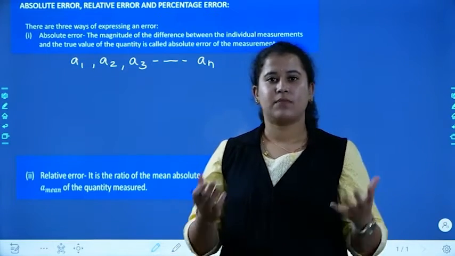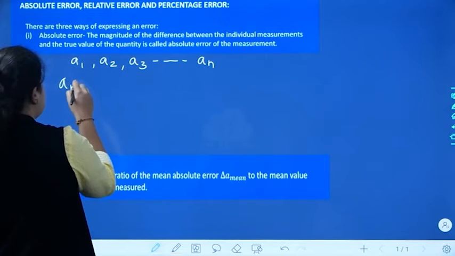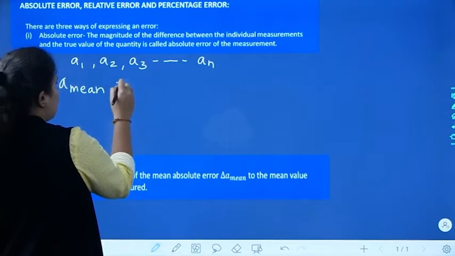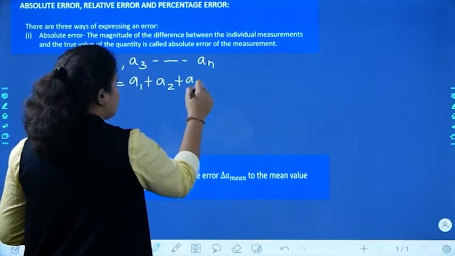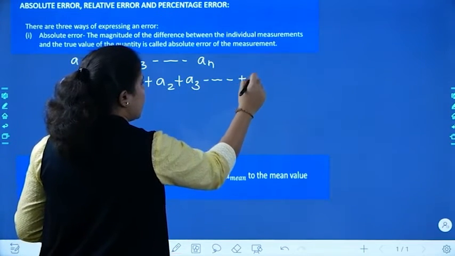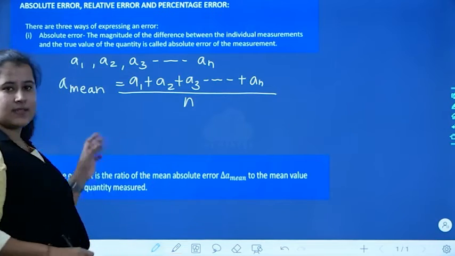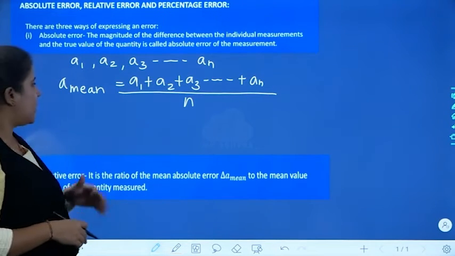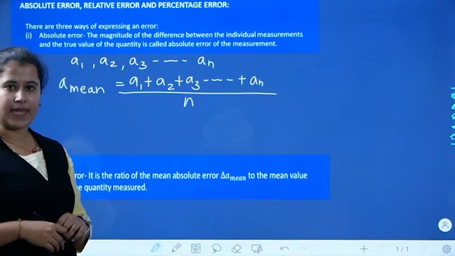So I'm taking the mean. That is, A mean is equal to A1 plus A2 plus A3, and so on till AN, divided by N. This is the mean value I have got.